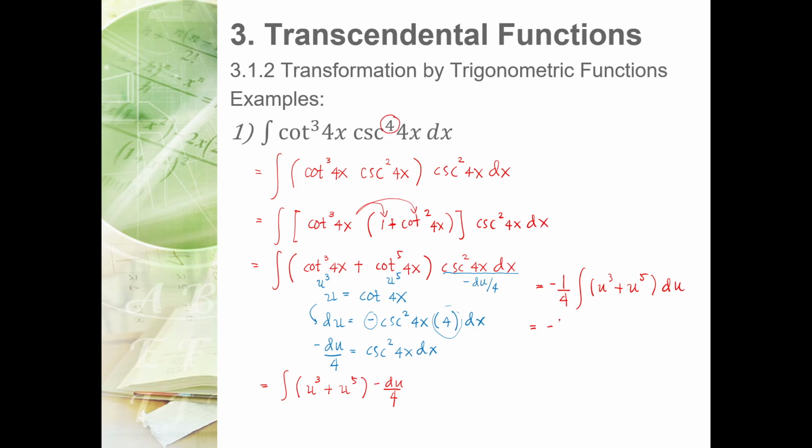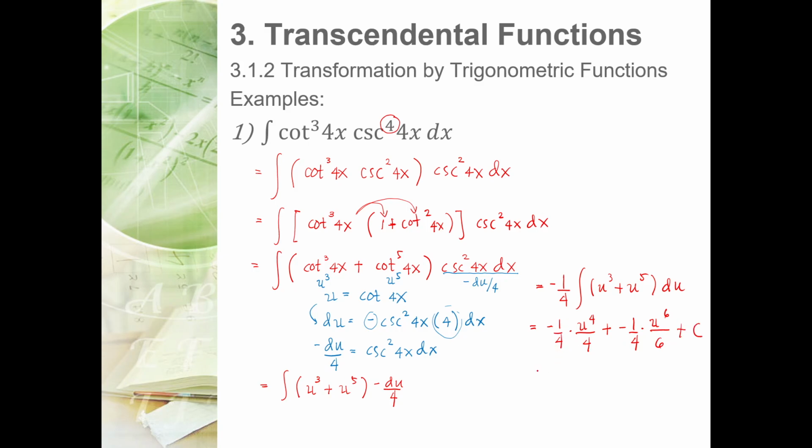So negative 1/4 times u to the power of 4 over 4 plus negative 1/4 times u to the power of 6 over 6 plus c.